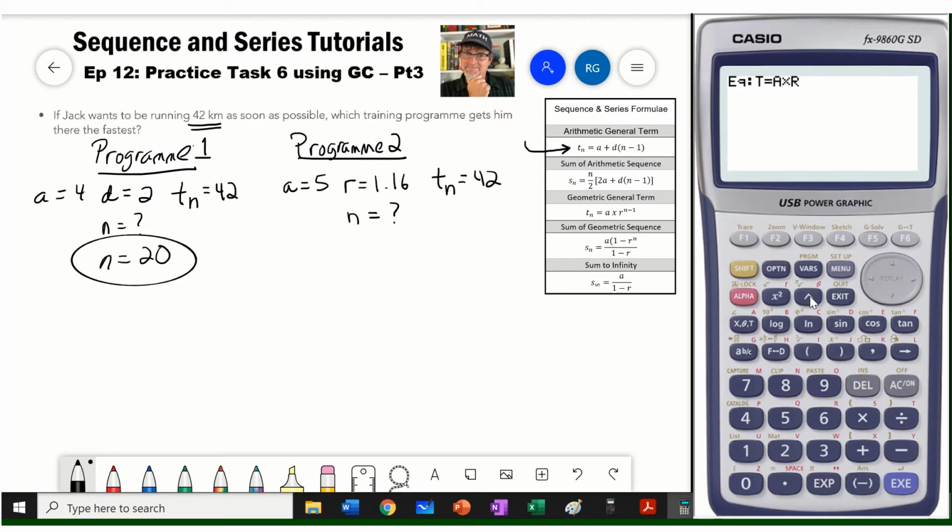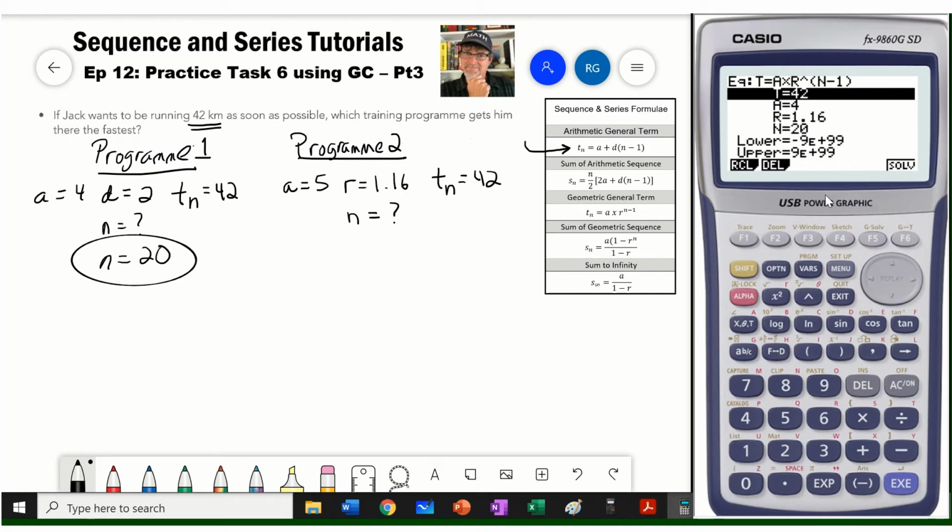So the power of is the third one down. Looks like a little hat. And the power is n minus 1. I better put that in parentheses. N minus 1. And enter.